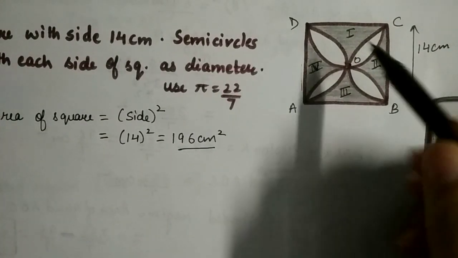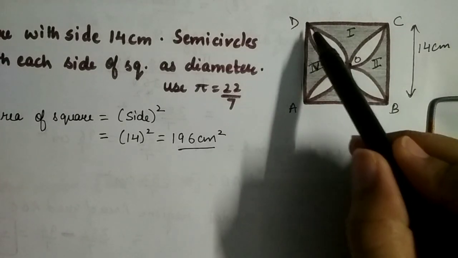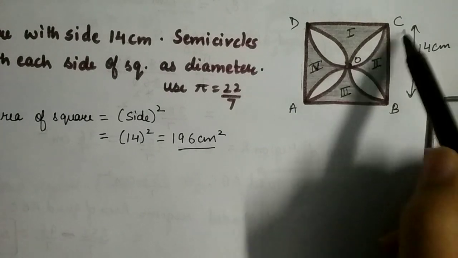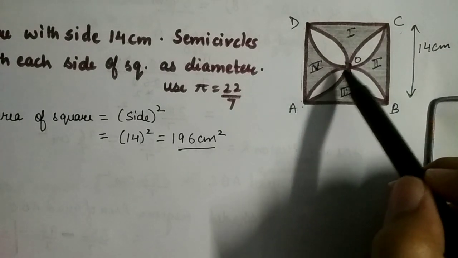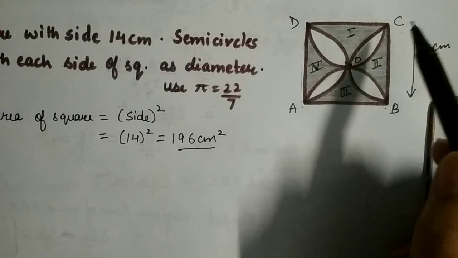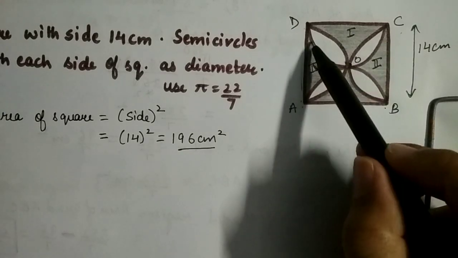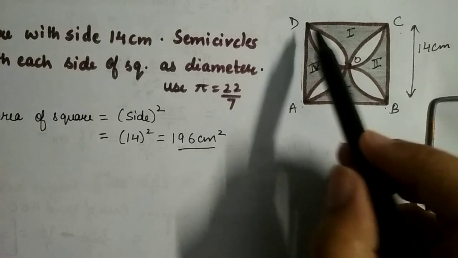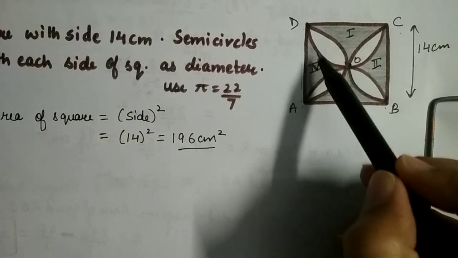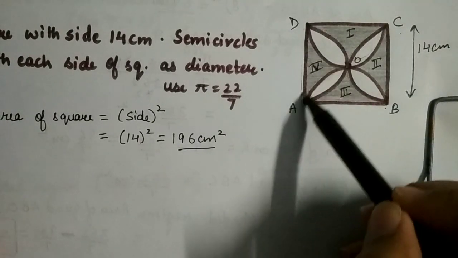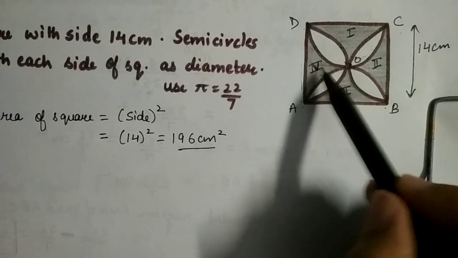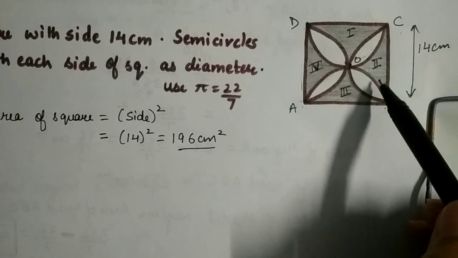Now see the figure. If you subtract the area of semicircle DOC and the area of semicircle AOB from the area of square, then you will get region 4 and region 2.